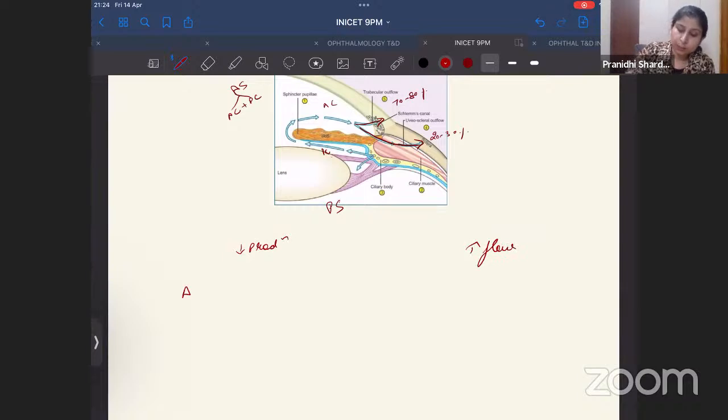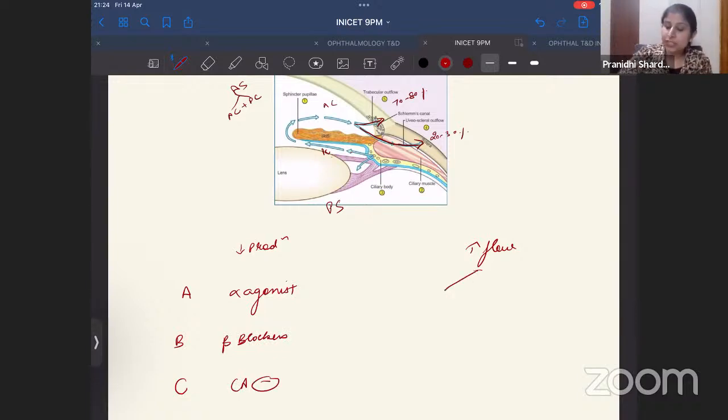You can decrease the production via the ABC drugs: alpha agonists, beta blockers, carbonic anhydrase inhibitors. But you can increase the flow via either of the two, uveoscleral or trabecular meshwork. Uveoscleral: prostaglandins. Which type of prostaglandins?